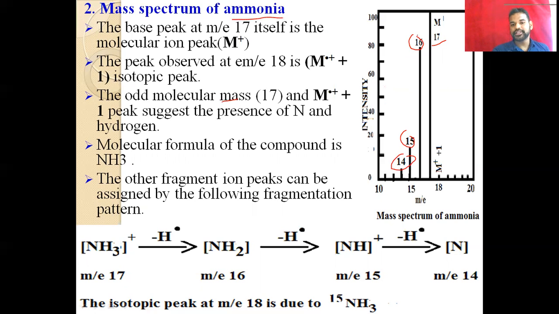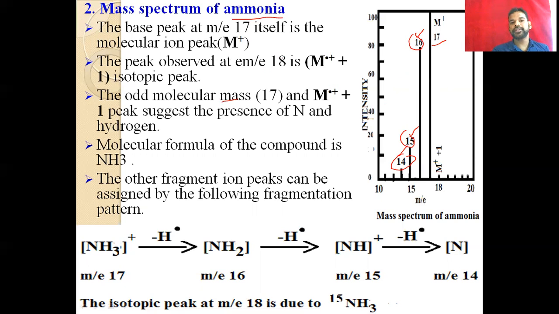We can expect which fragments we will get. So we can easily say that by removal of one hydrogen, we will get the mass number 16. By removal of two hydrogen, we will get 15. Removal of three hydrogen, we will get 14 as a peak.